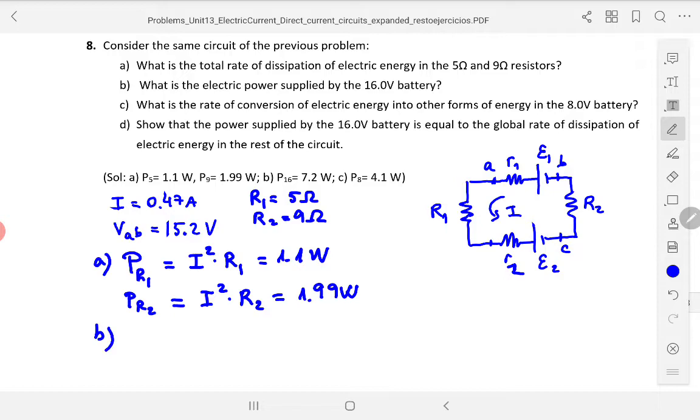In B, they're asking what is the total power supplied by the first real battery. That's the only one that is really supplying energy.